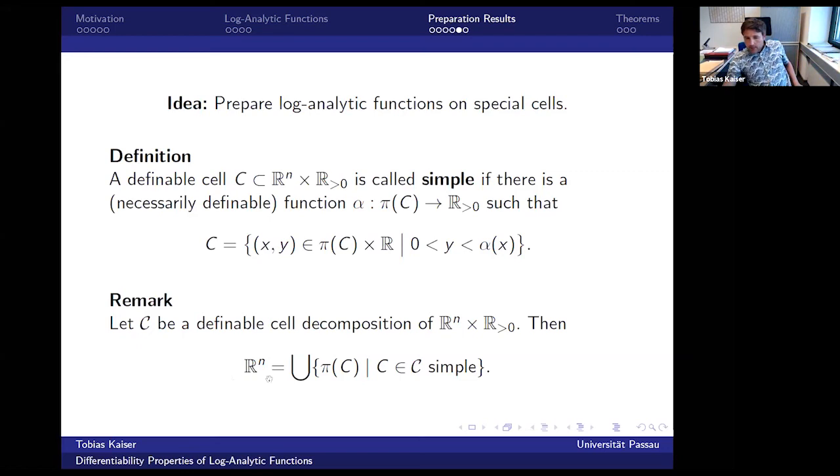Then R^n is of course the union of all projections of cells in C, but it's even the union of all projections where I just take the simple cells, just by cell decomposition. Because for every X, I have to approach every Y, so I find a Y which is close to 0. So for the X space, it's enough to consider the simple cells.